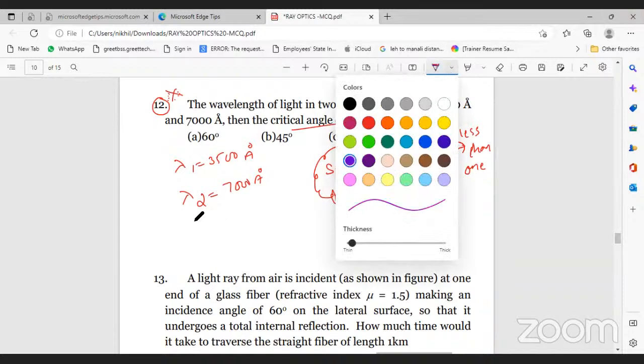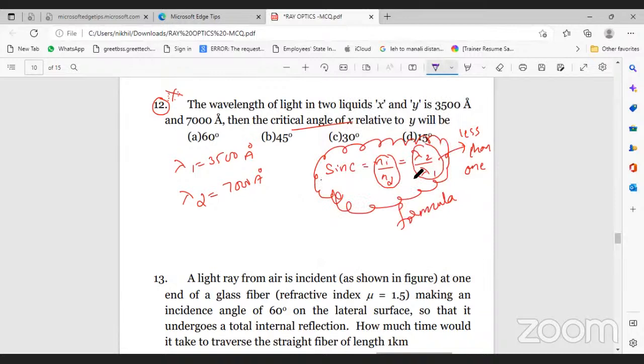This is only to remember for the formula's sake. But for this problem, should I write sin C is equal to lambda 1 by lambda 2 or lambda 2 by lambda 1?